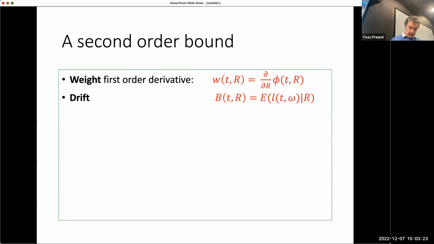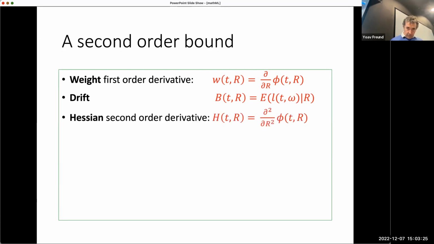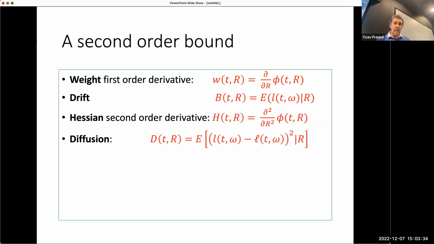It doesn't matter at all. But then there is the Hessian, the second order derivative of the potential, and that is connected to the diffusion. Okay, so what is the diffusion? Diffusion is basically, I am experts that I'm here, how much do I disperse? And it's clear that if you disperse more, then I can't hope to predict you that well, right?